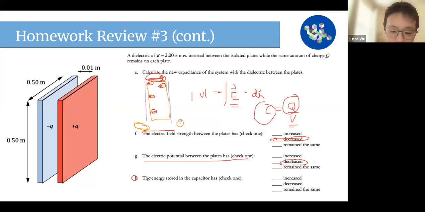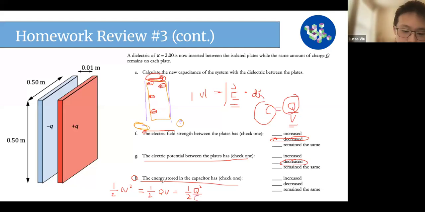Now the energy stored in the capacitor, what has happened to it? Well, remember the energy stored equals 1/2 CV squared, and it also equals 1/2 QV, and also 1/2 Q squared divided by C. If I look at the first one, I'm not able to get a definitive answer because C has increased, but V has decreased.